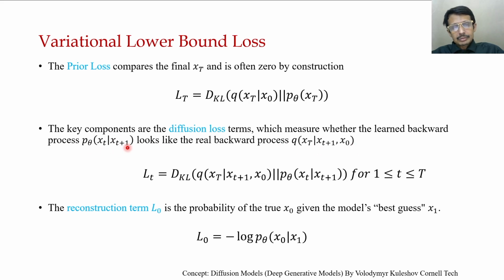That is very important, that is what we actually want to do: the learned process should be very similar to the actual process. This applies to every step. And the reconstruction term L0 is the probability of the true x0 given x1.